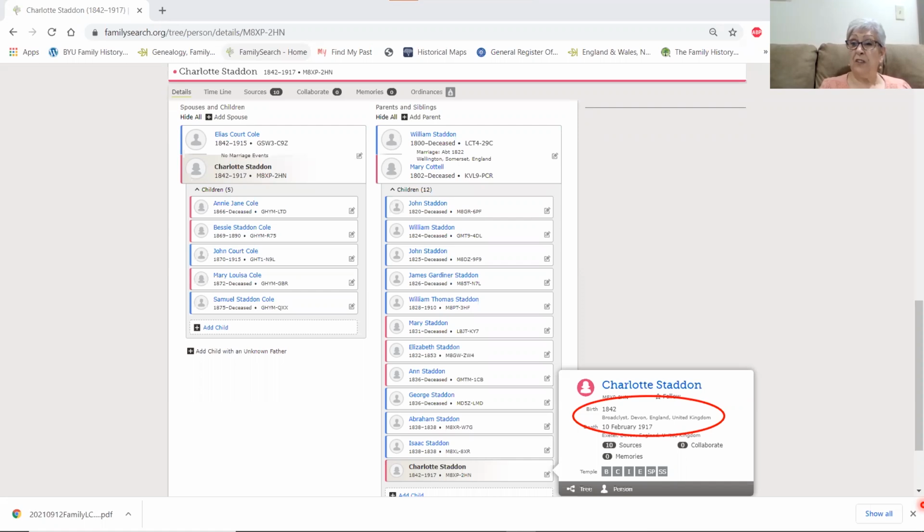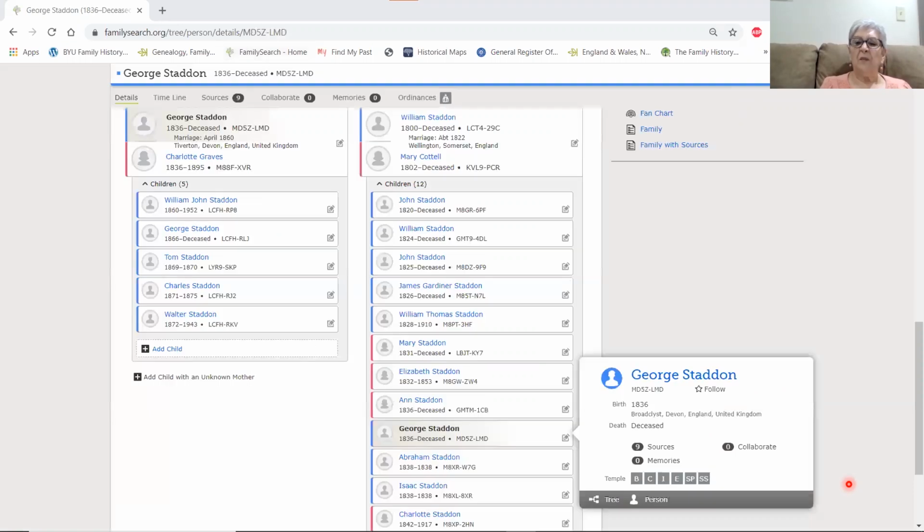It also fit with her marriage and the 1911 England census. So I figured this is pretty accurate. That's probably correct. And it says her father is William Stadton, which is what it said on her marriage certificate. And then it gives her mother's name as Mary Coddle. So I felt pretty good about that.